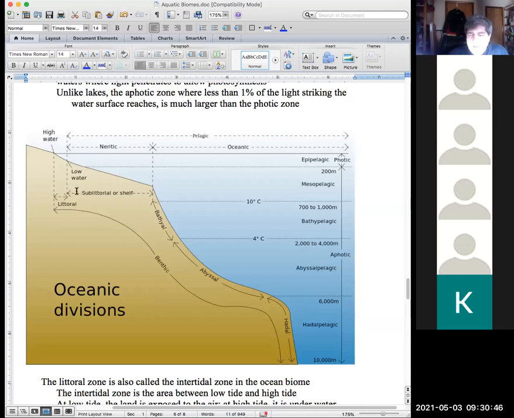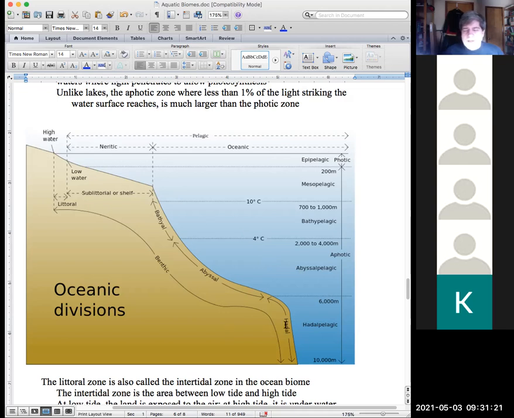The littoral zone in most ocean areas is roughly the area between the high water mark when high tide comes in and the low water mark when the water goes out. It usually extends down a little bit below the low water mark. But again, like we saw in lakes, the photic zone is about 200 meters deep.